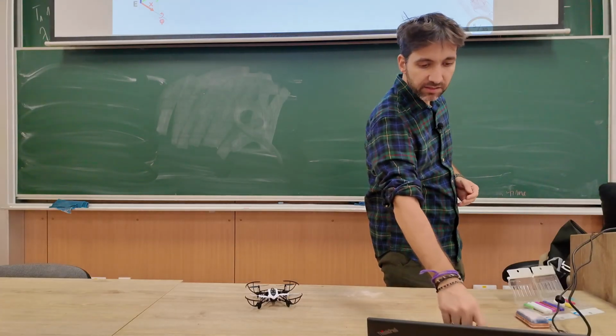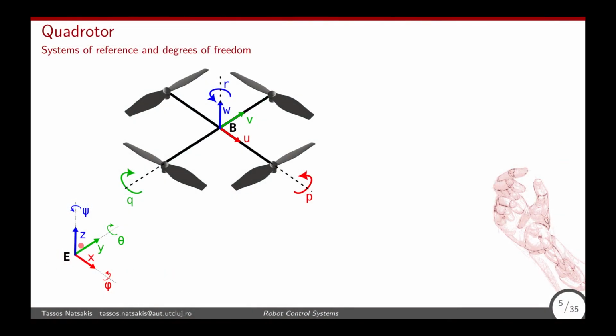And we have some axes. For the Earth frame we have X, Y, Z as typically, and then we have the three rotations, phi, theta, and psi. It's the Euler rotations that we learned also for robots. And then on the drone, on the robot, we have again another frame attached here.